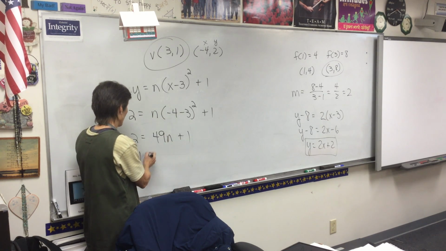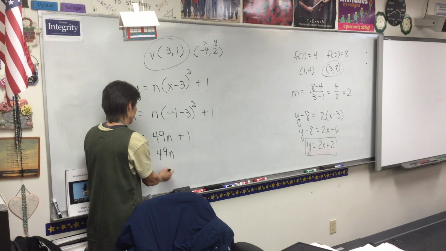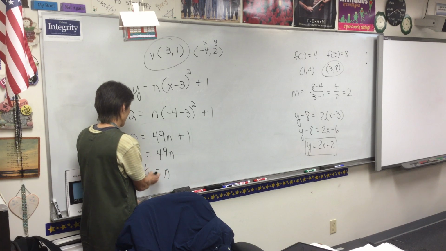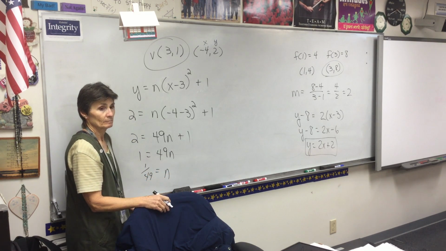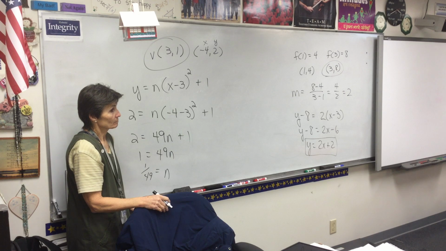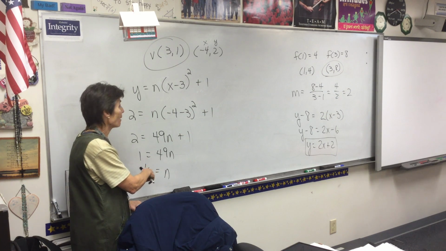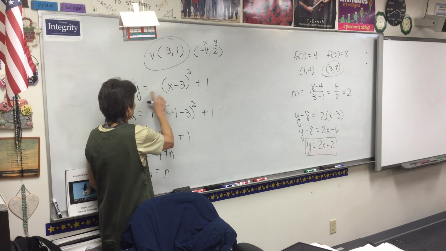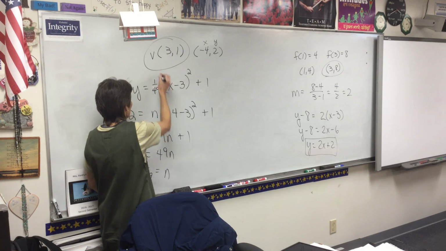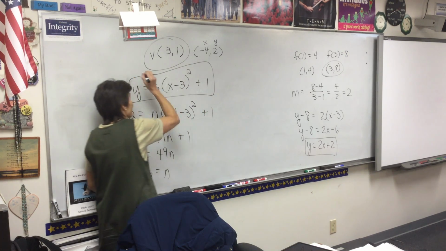So I'll subtract the 1 and divide by 49. And then just like I cautioned you before, don't get so excited and stop there. You need to put that 1/49th right into your equation. And that is the answer.